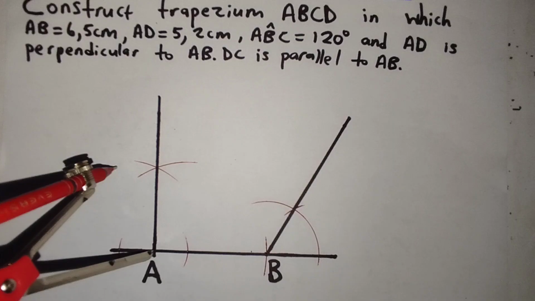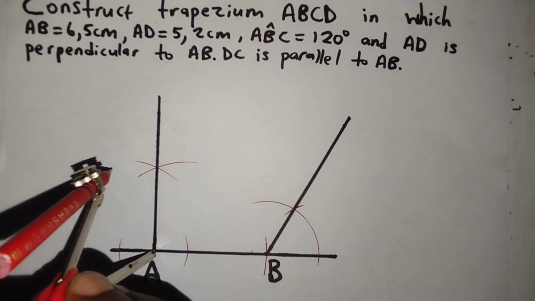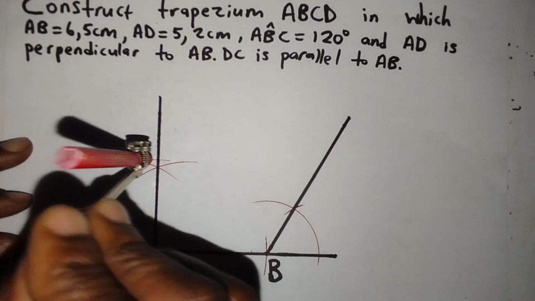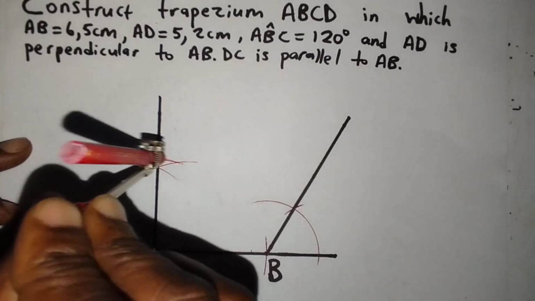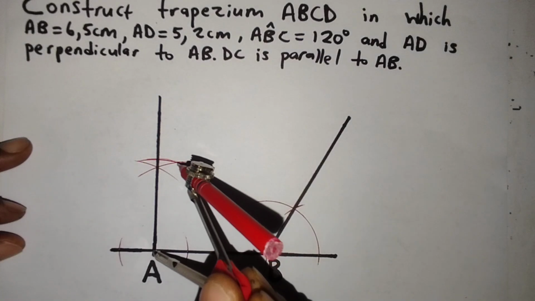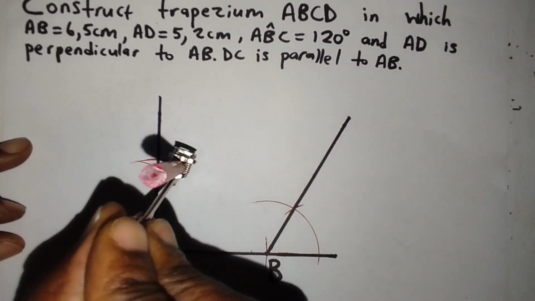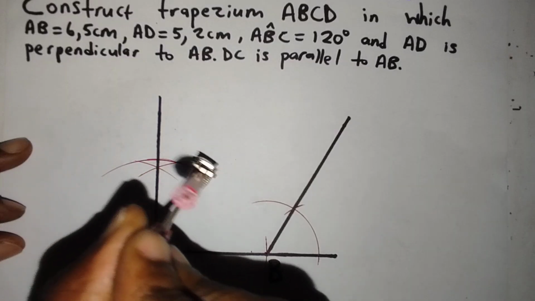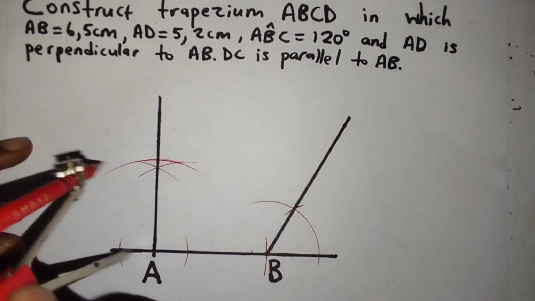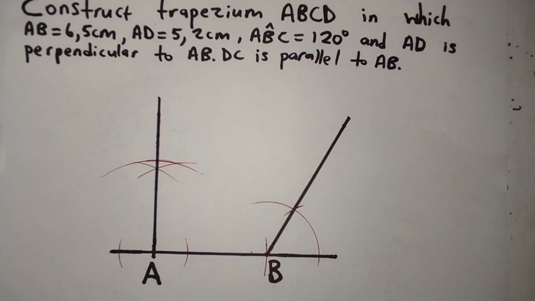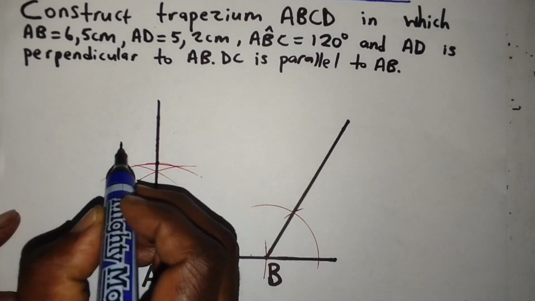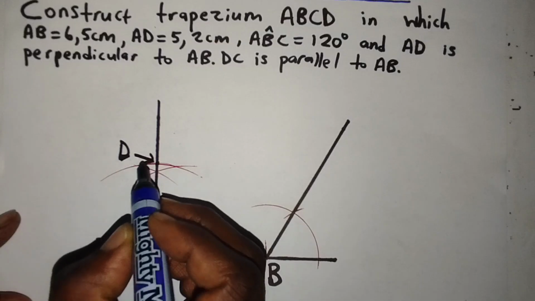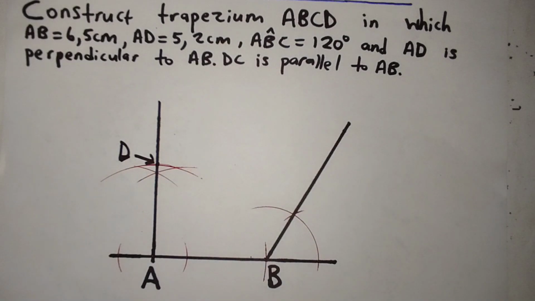With A as my center, I will construct an arc to cut this line, so that I can locate the position of D. The position of D is located where the arc which I have just constructed meets the line which goes upwards. So this is the position of point D. Now this AD is 5,2 centimeters.